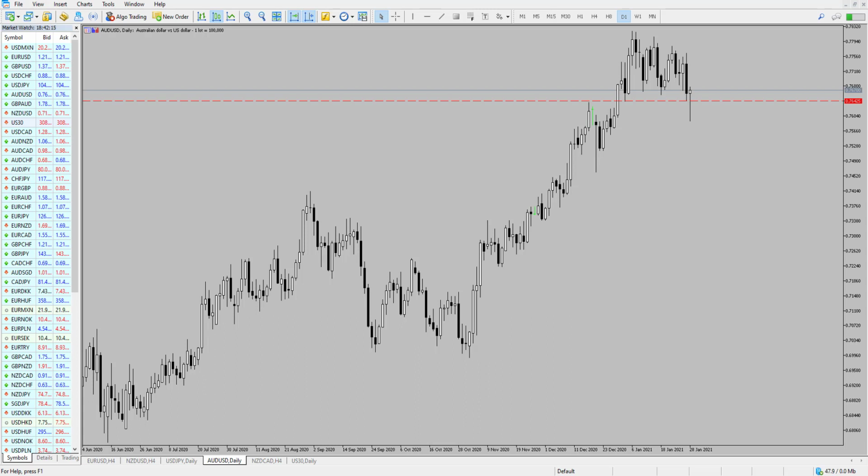If we do break below the lows, then I'd wait for a secondary close below just to confirm that we have the lower low, lower close. So let's say it looked like this at the end of the day: a full bearish candlestick, and we get two bearish lower low, lower closes. Then our bias is different. We're probably looking for shorts in and around this level, because that would have created a lower low, and that would signify that there is a change in trend forming.